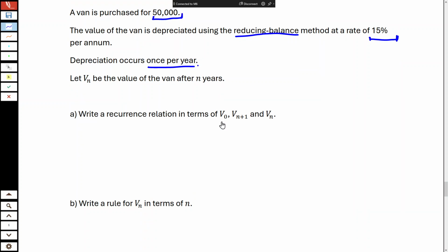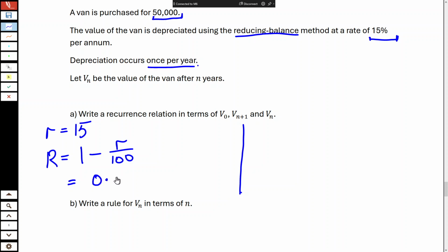Part A, set up a recurrence relation. So I think I'll just do it this time. The annual depreciation rate, lowercase r, is 15. Capital R is 1 minus r over 100, and that gives me 0.85.